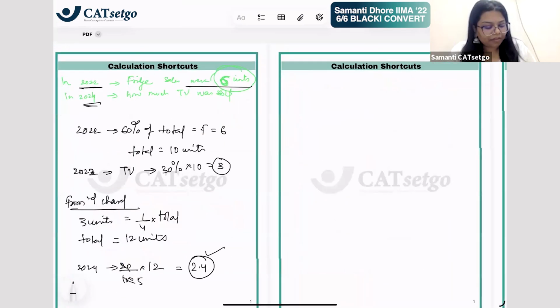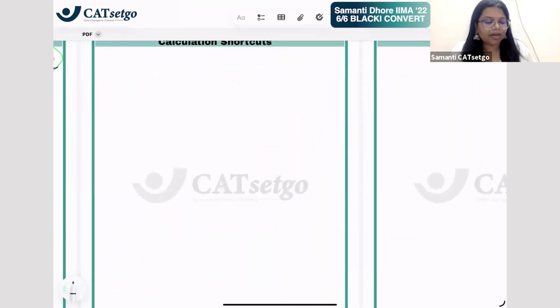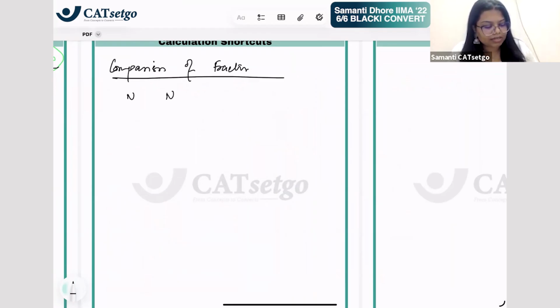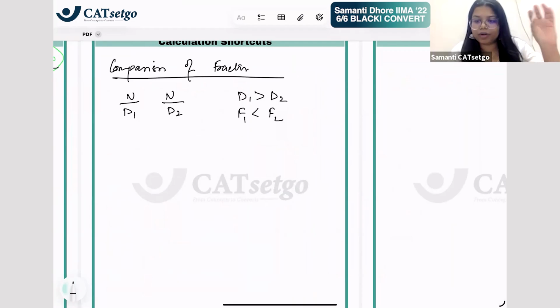All right. Apart from that, if I talk about calculation shortcuts, so primarily this is the speed maths class that we had earlier, है ना? जिसमें you will have to do comparison of fractions. Fraction comparison as in, you know, if the numerators are same and the denominators are different, d1, d2. So जिसका denominator बड़ा होगा, वो fraction छोटा होगा. ये पता है तुमको denominator बड़ा, क्योंकि अगर numerator constant है, denominator जिसका बड़ा हुआ, उसका the fraction will be smaller.